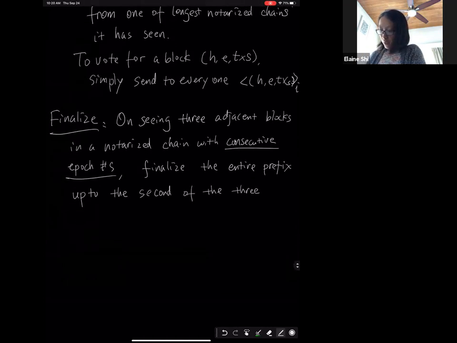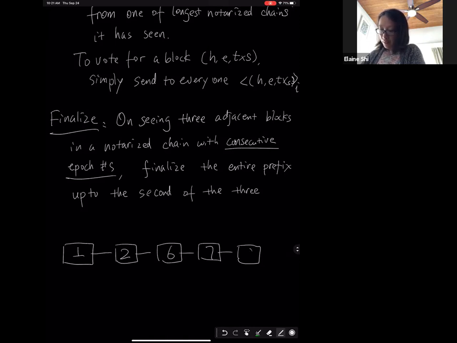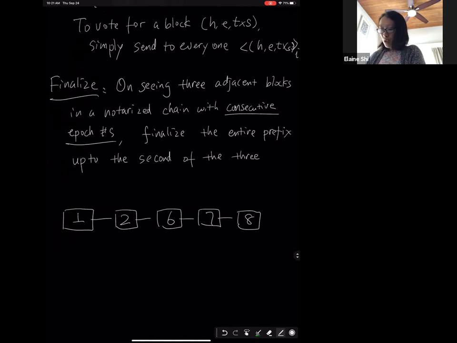Okay, so the best way to understand this rule is to look at an example. So let me draw an example, right? So first we have Genesis, obviously, and then let's say that the number in the block is denoting the epoch number, right? So let's say we have 2, 6, 7, and 8, and say every block in this chain is notarized. So now I will look for a good pattern.